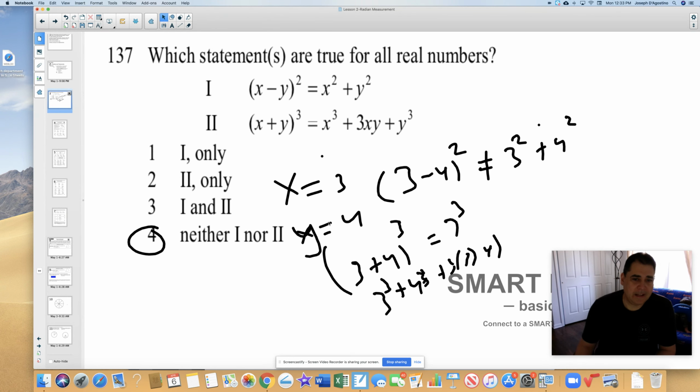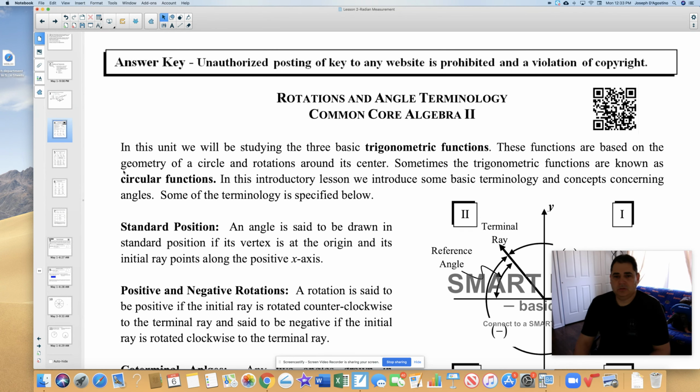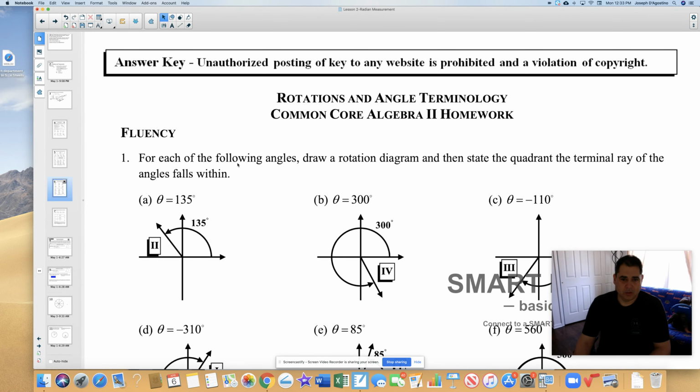Let's take a look at the homework from lesson 1. Rotations and angle terminology. So the question is, we want to draw the rotation diagram and then state what quadrant it terminates in.